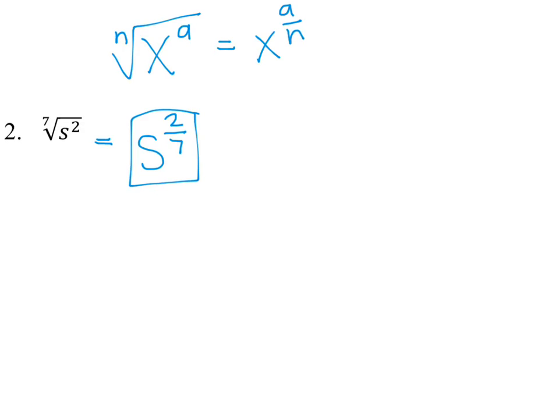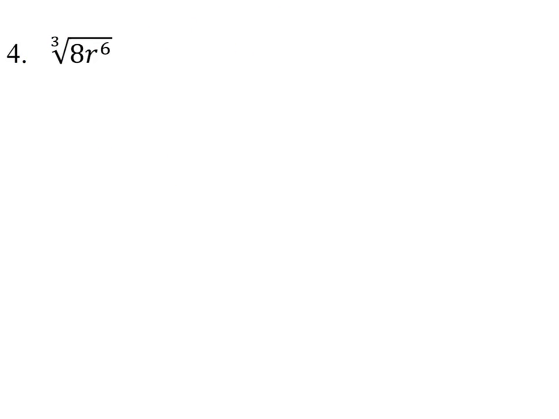When I get to number 4 though, things get a little bit trickier because I have a number as part of my exponent. So what I'm going to want to do before I do anything else is rewrite that 8.